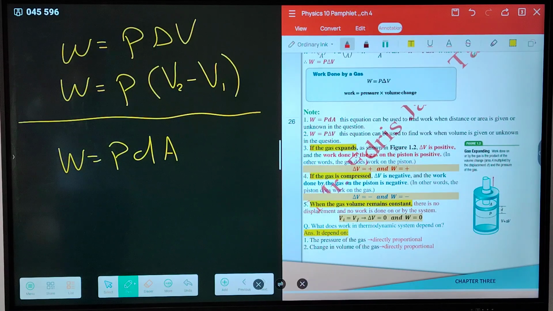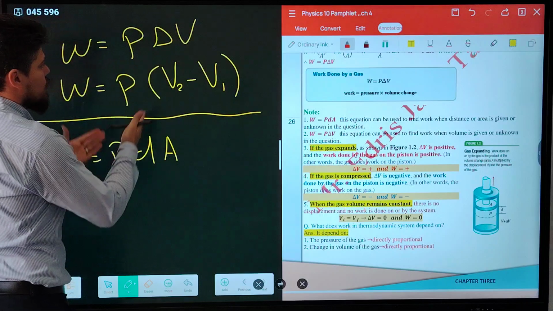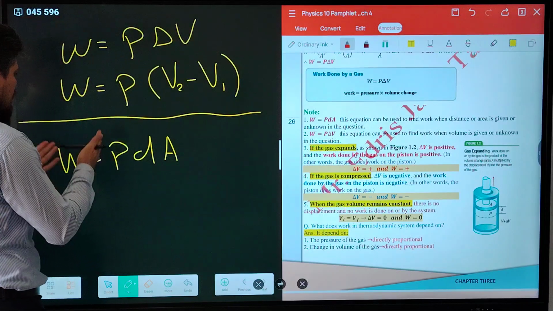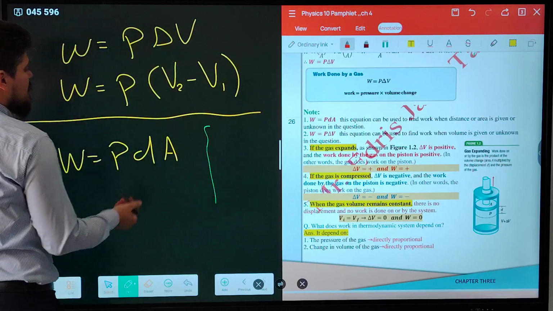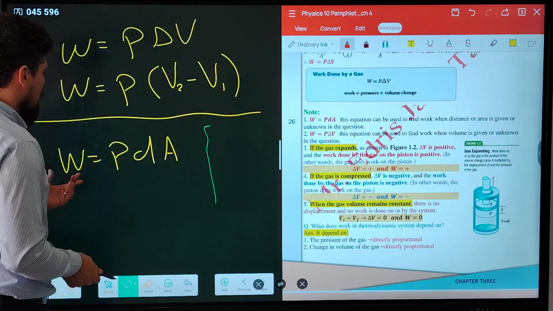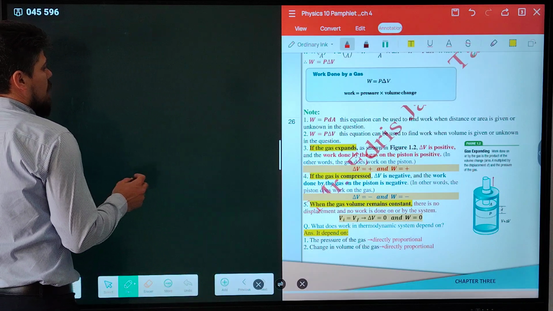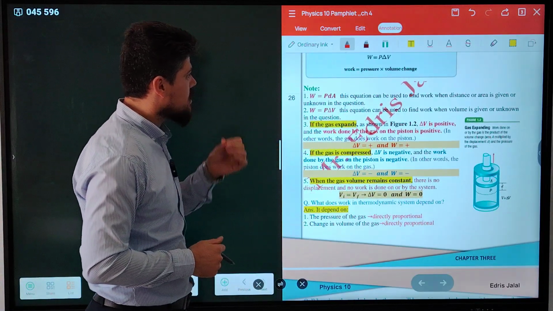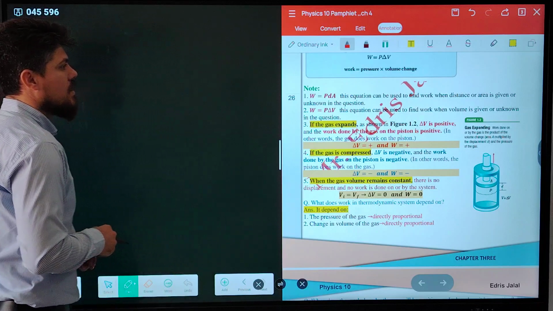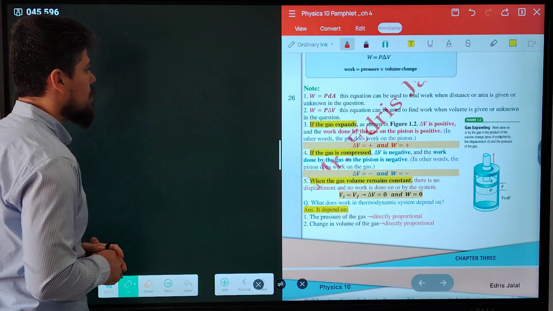These two equations can be used to determine work in thermodynamic system. If radius, distance or area is given in the question, you have to use the second equation.